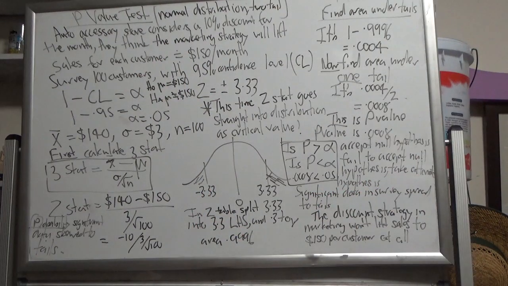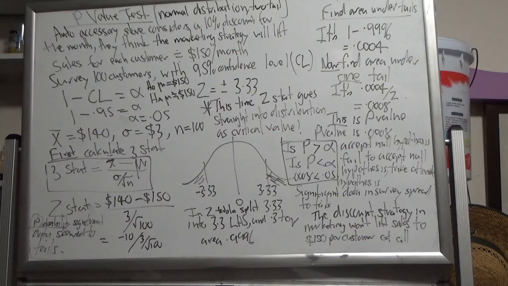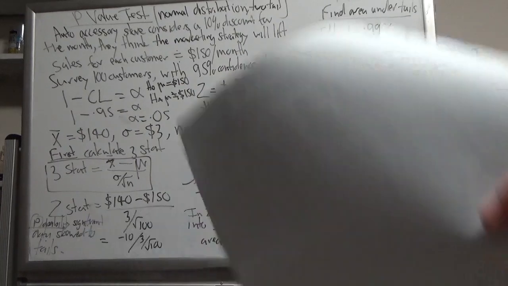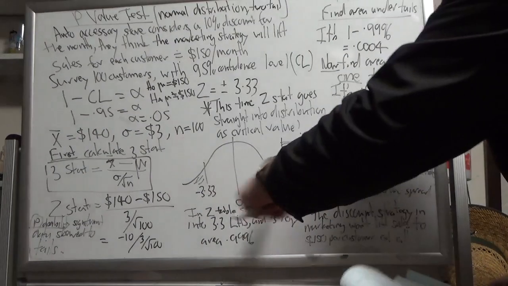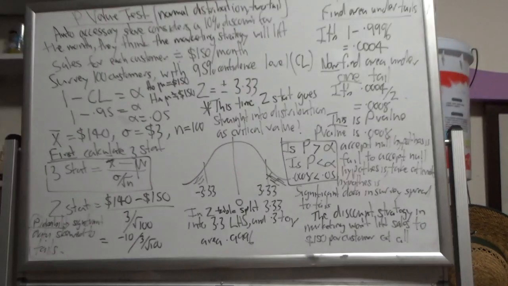Now you have to go to the Z table and find an area for that critical value under the curve. All these figures are areas, okay? Now we have to find our area.